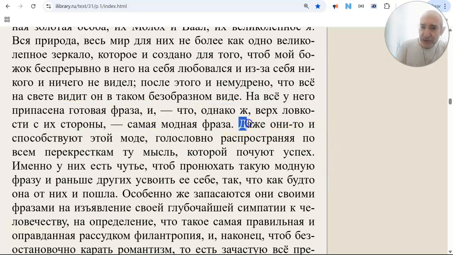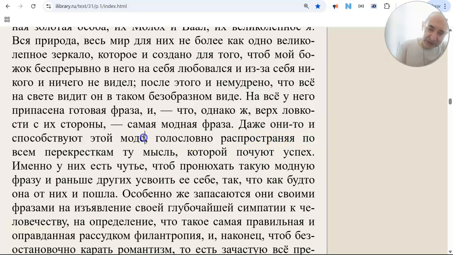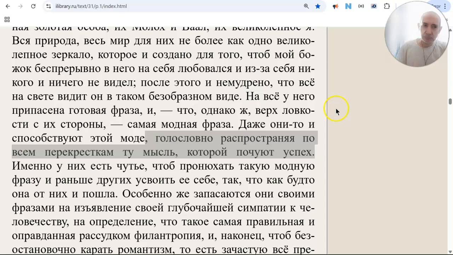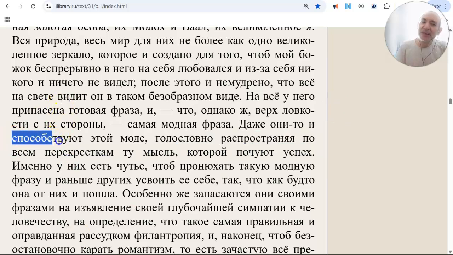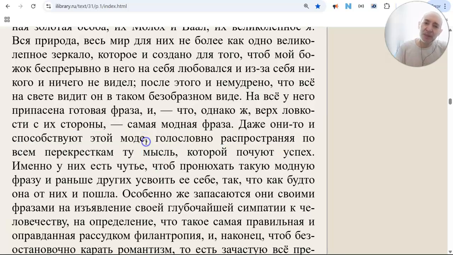And then he continues. Даже они-то и способствуют этой моде, голословно распространяя по всем перекресткам ту мысль, которой почуют успех. So let's go over the vocabulary. Способствуют means assist. Способствовать, that's to assist. Therefore, даже они-то и способствуют этой моде would mean they even. So even here you put in English after они.